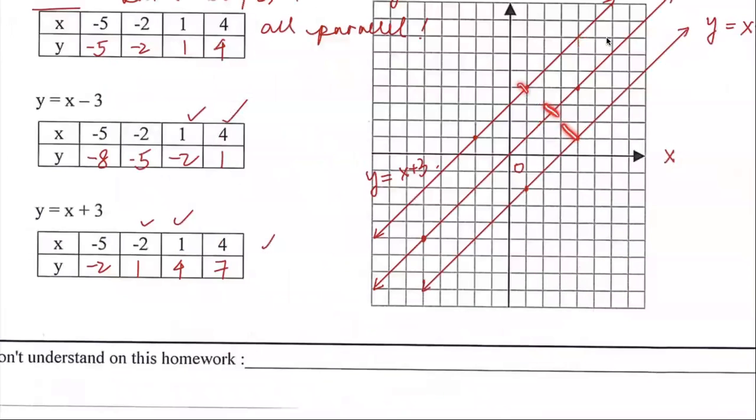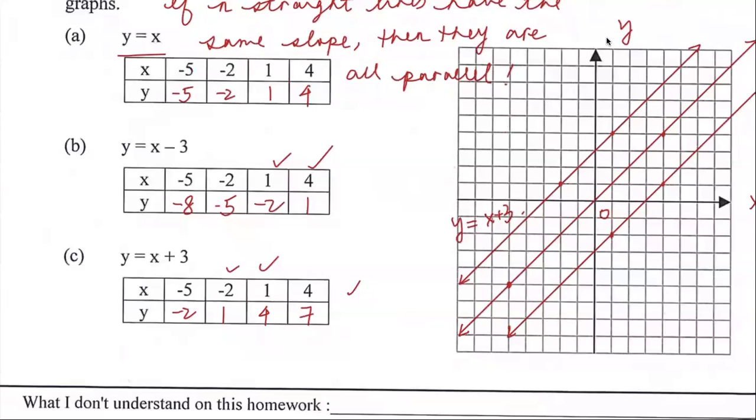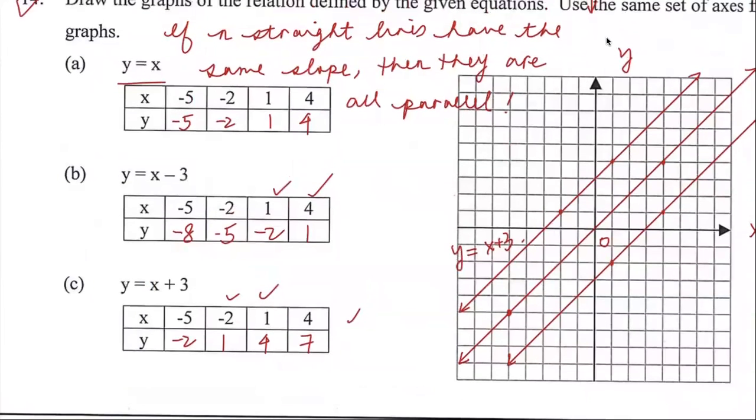So these three straight lines, they have the same slope. For y is equal to x, slope is equal to 1. Y is equal to x minus 3, slope is equal to 1. Y is equal to x plus 3, slope is equal to 1. The only difference here is the y-intercept, right?